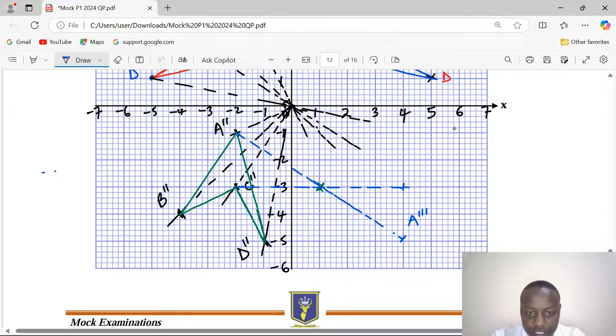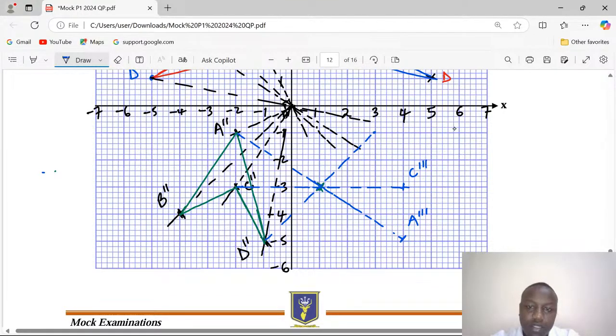So 3 units, 3 units. So this is going to be C triple prime. We talk about D and B. We're going to connect all of them. So for D, we also connect, then we move just once.